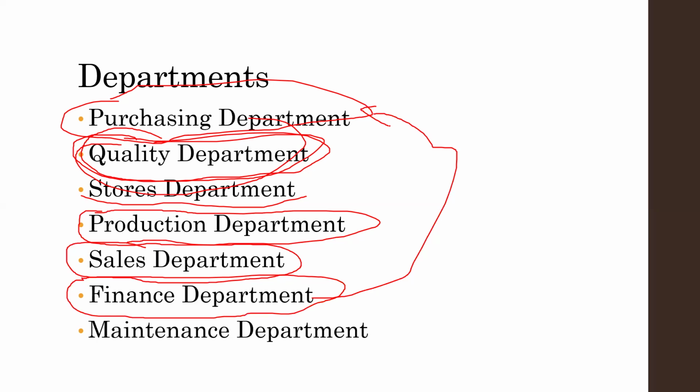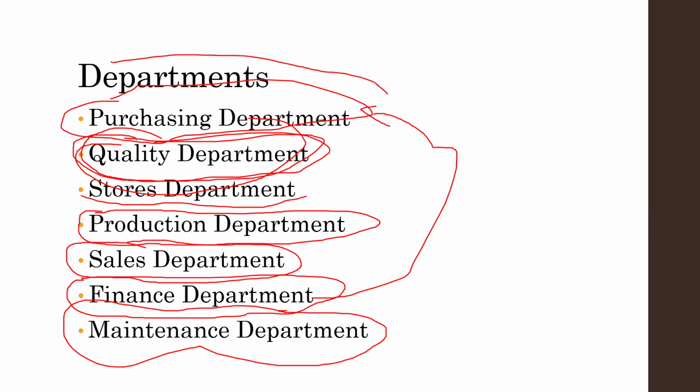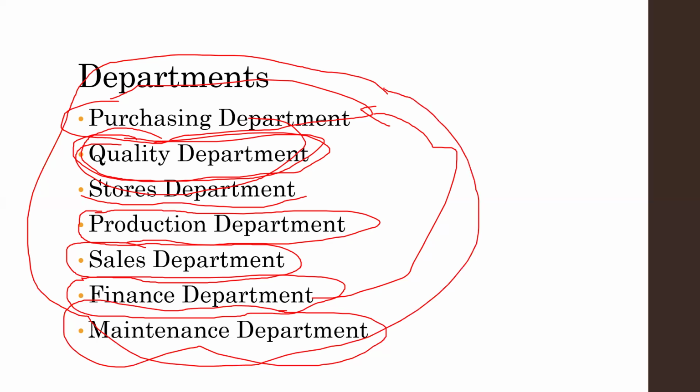And if there is any problem in the machineries, the maintenance department gets into the picture. They solve and rectify the issue. This whole interdepartment communication will be through SAP.